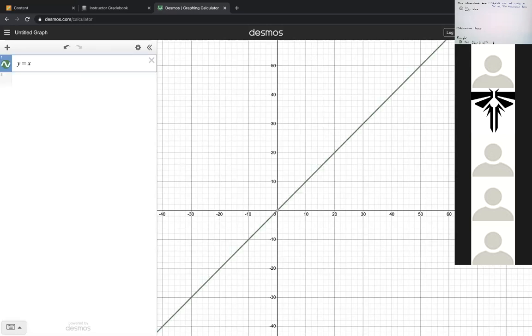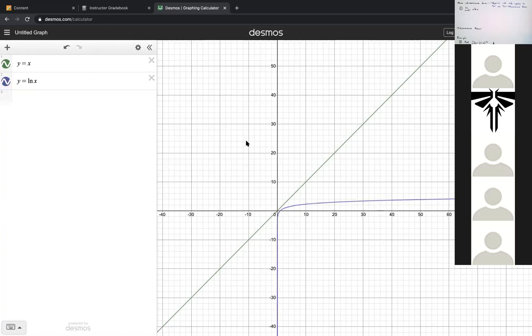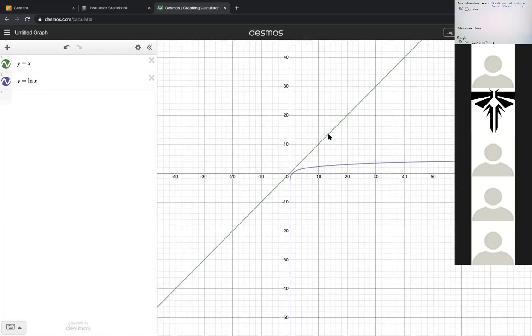So y equals x, that's the familiar line going through the origin with slope 1. And then the natural log is a little bit more unfamiliar, but I think we've had a good introduction. And that's this purple line.